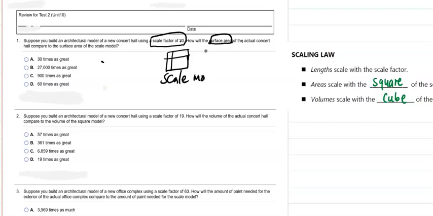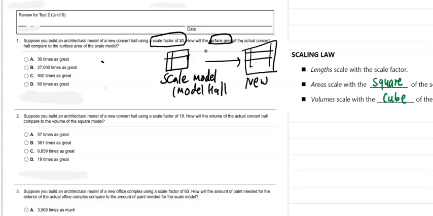And this is the actual concert hall you're making, which is 30 times bigger in terms of length, width, and height. The question is asking how you compare the new concert hall surface area with the scale model surface area.